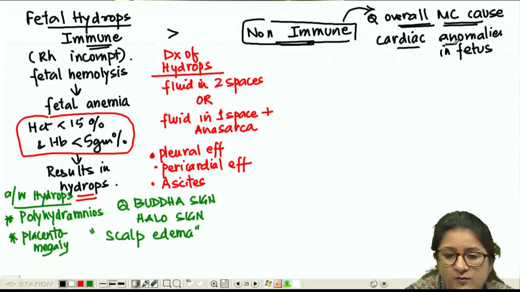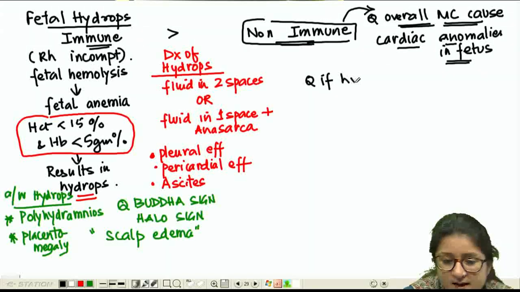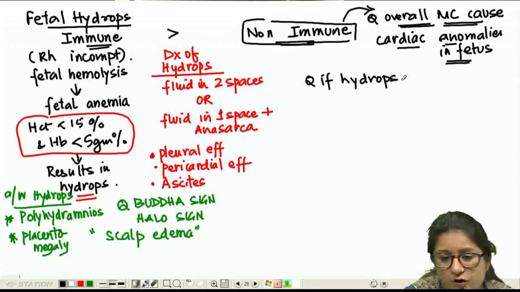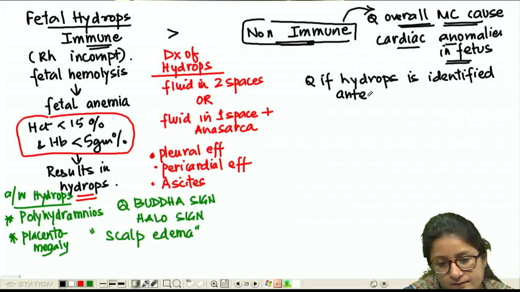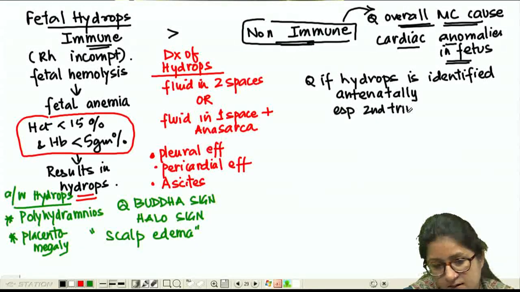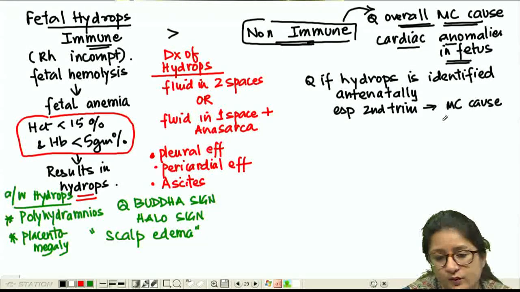So cardiac anomalies in the fetus are the most common overall cause of non-immune hydrops. If hydrops is identified antenatally, especially in the 2nd trimester, then the most common cause is aneuploidy.